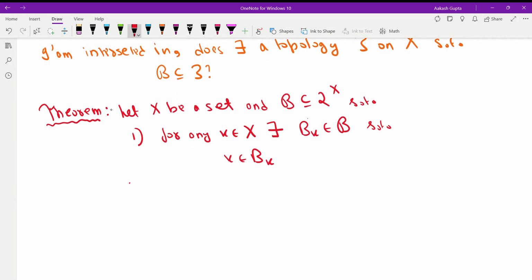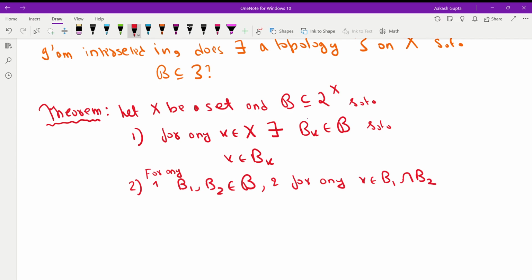Another property. For any two members B1, B2 of script B, and for any point in the intersection of these two members, there exists a third member.